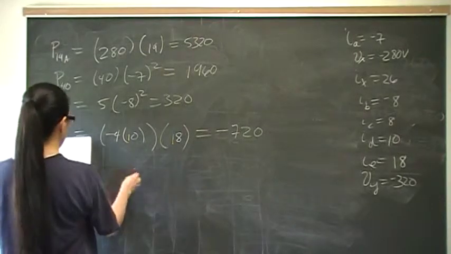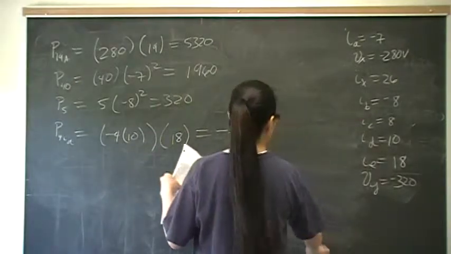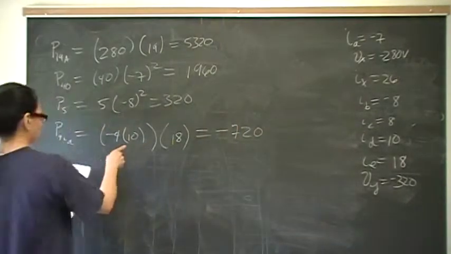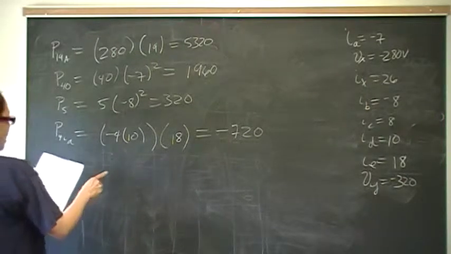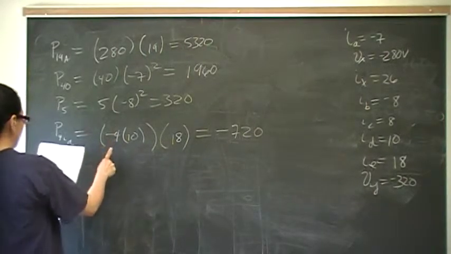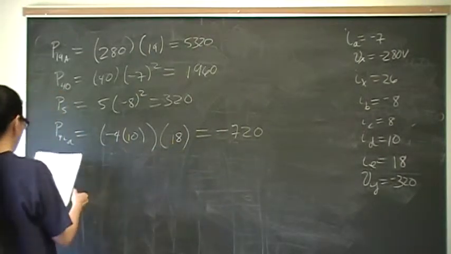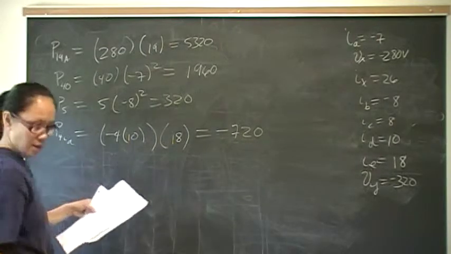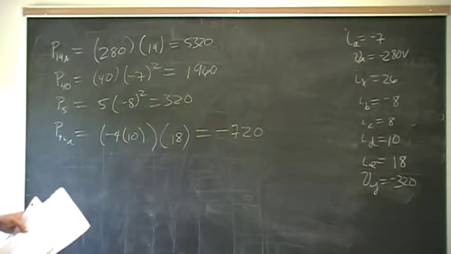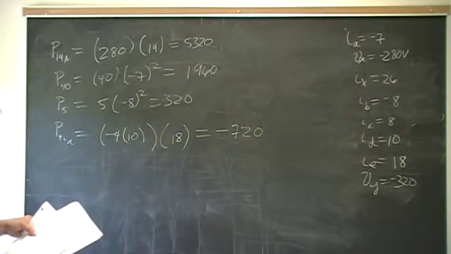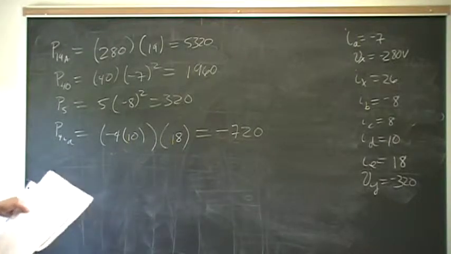So the current through that is IE. IE is 18, and the value of the voltage is 4 ID. IE is entering the negative terminal, so that is -4, and then ID is 10. So that should give you negative 720, I think. Double check. -4 times 10 times 18 is negative 720.